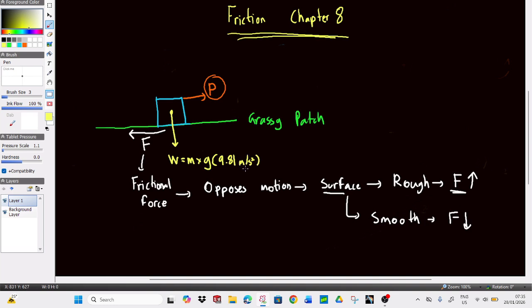Different planets, different g. Once we have weight, we have a force exerted by this grassy patch on the box itself.